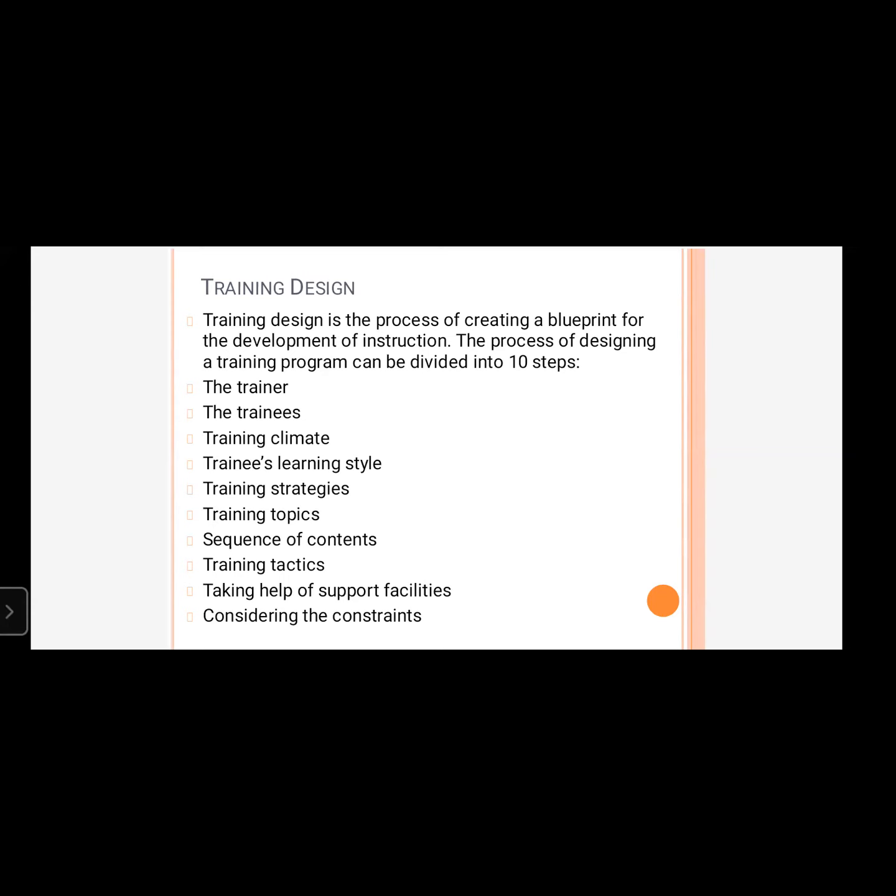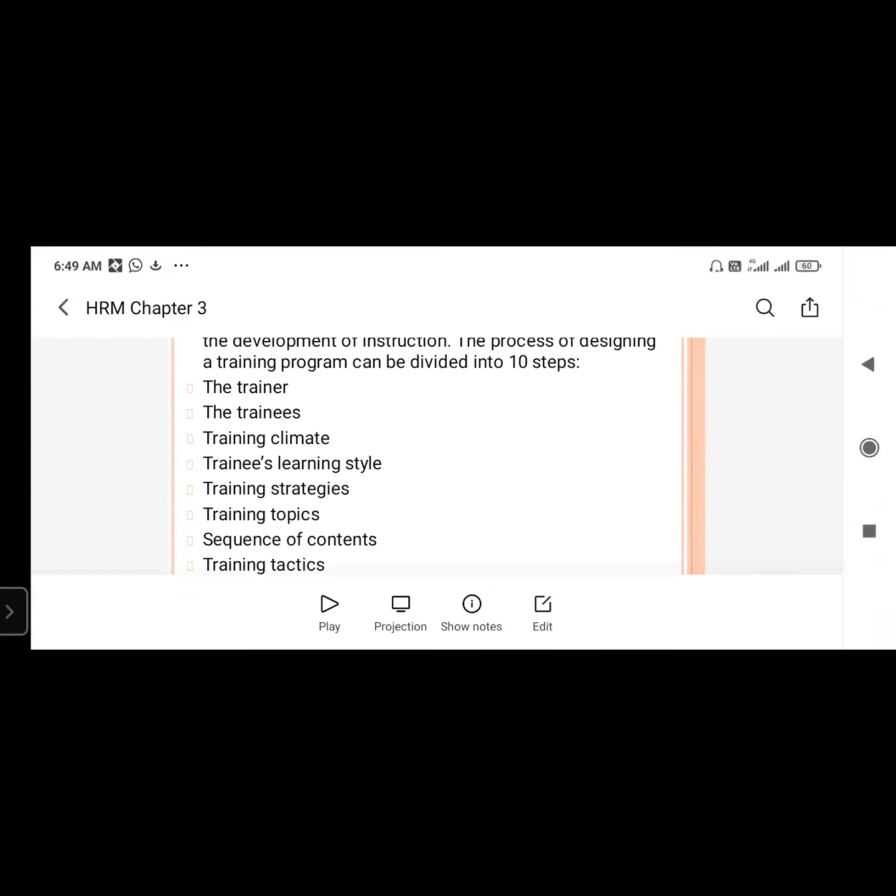Suppose one of the equipment or support facility is PowerPoint presentation. With the help of PowerPoint presentation, the trainer has decided that he will be providing the training with the help of PowerPoint presentation.